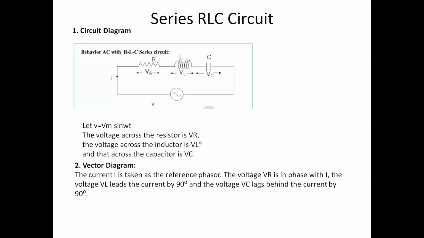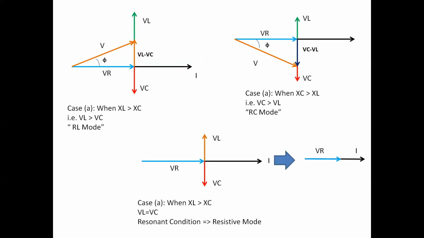We would say the series RLC circuit works in a kind of RL mode, that is, the circuit behaves like more of an inductive circuit. Similarly, what if the capacitive reactance XC is greater than the inductive reactance XL? Obviously the capacitive element is going to dominate the inductive element. Under this condition, the circuit behaves in a kind of RC mode.